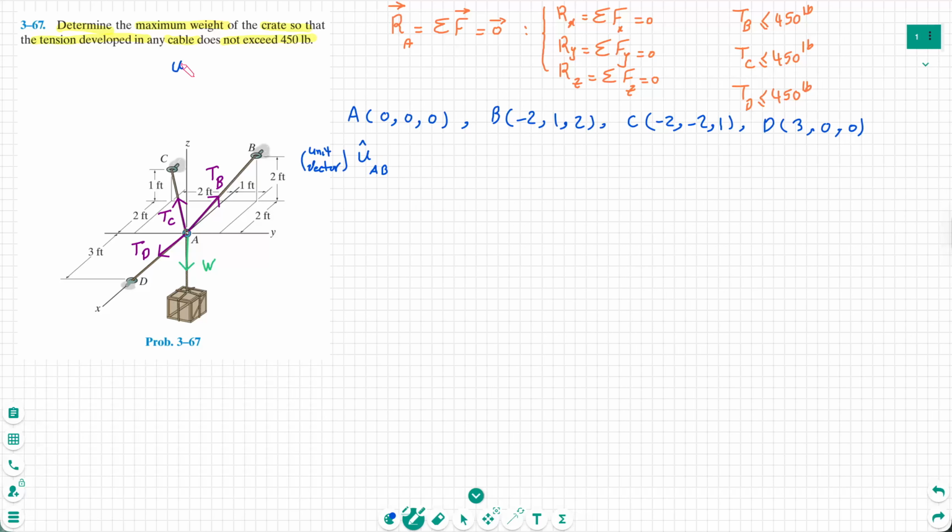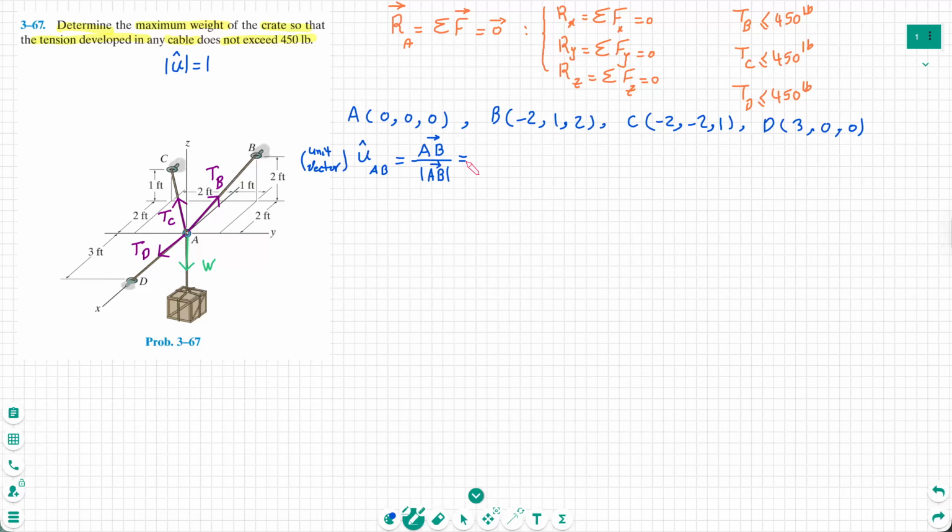So the length of any unit vector equals 1, and the direction is the same as, for example, for u hat AB, the direction of cable AB. And to calculate this, it is easy. Why? Because I just need to divide the AB vector by the length, or magnitude, of AB.